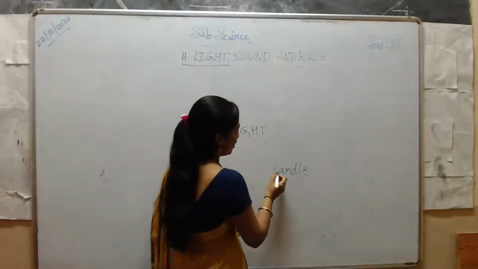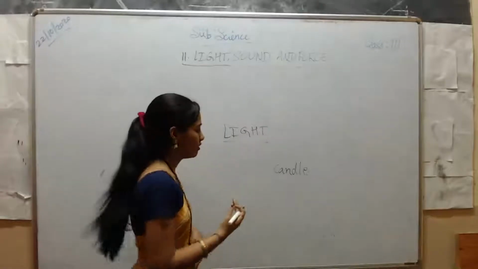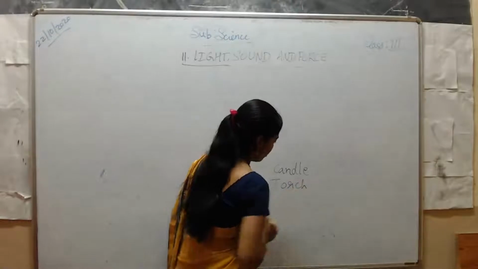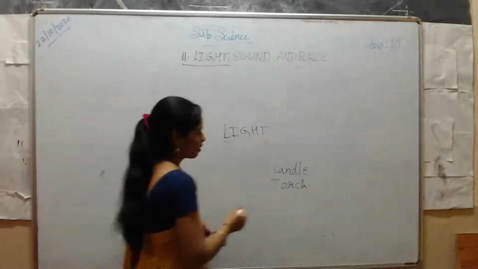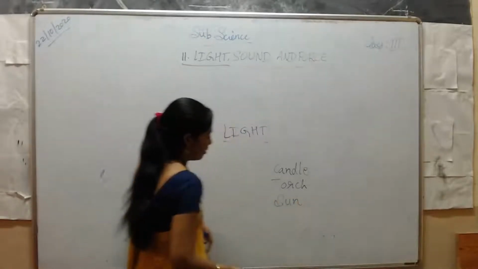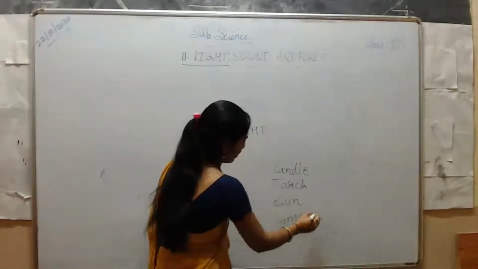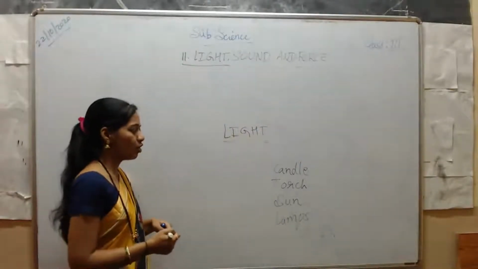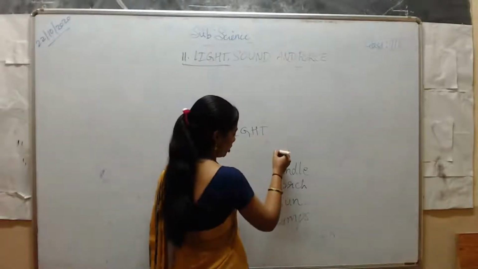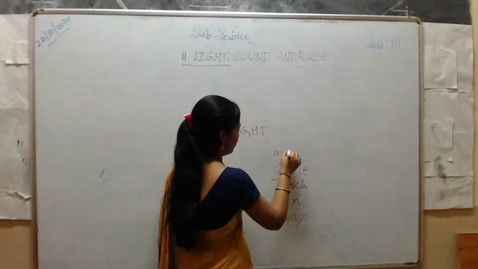So tell me other things from which light comes out. For example, a torch. From the torch also light comes, no? Next, a lamp. When you light the lamp, the light comes out, right? Then a mobile torch, mobile battery, right?